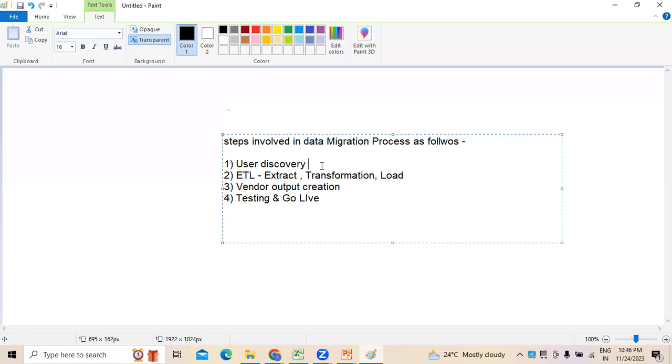This process includes the setup of a staging environment for data migration.